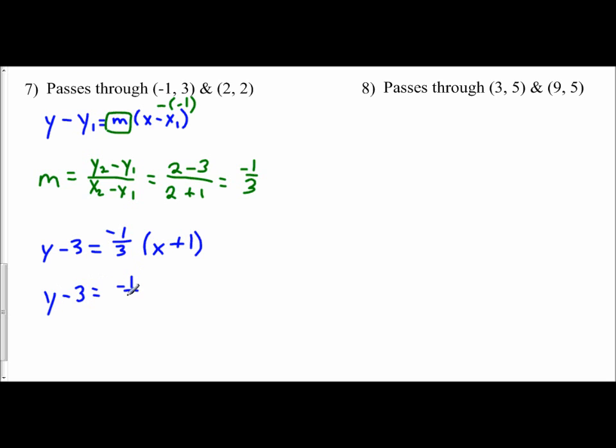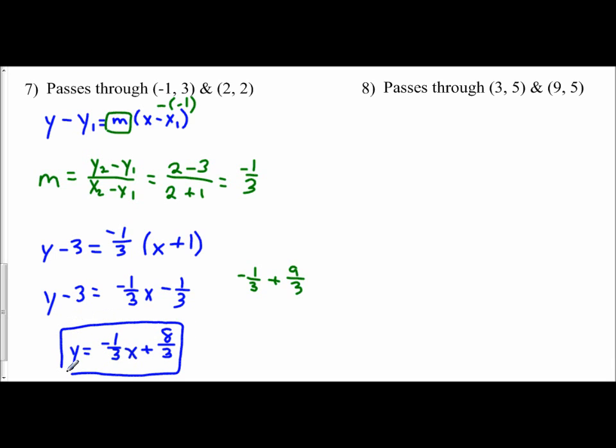I get negative 1/3 x minus 1/3. And then I'm going to add 3. So I get negative 1/3 x. And if I do negative 1/3 plus 3, I'm doing negative 1/3 plus 9/3, which is 8/3. So my final equation of the line in slope-intercept form is y equals negative 1/3 x plus 8/3.